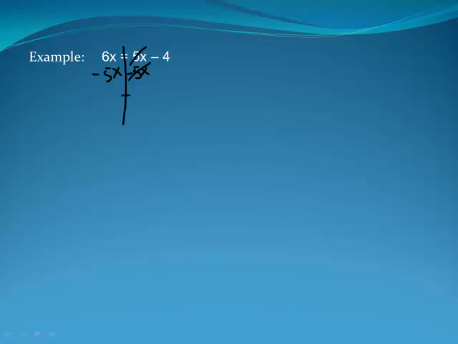That leaves me on the right-hand side with a negative 4. 0 minus 4 is negative 4. Left-hand side, those are like terms, so you can combine them. 6x's minus 5x's leaves you with 1x. And of course, 1 times anything is itself, so 1 times x is just x, and that's x equals negative 4.